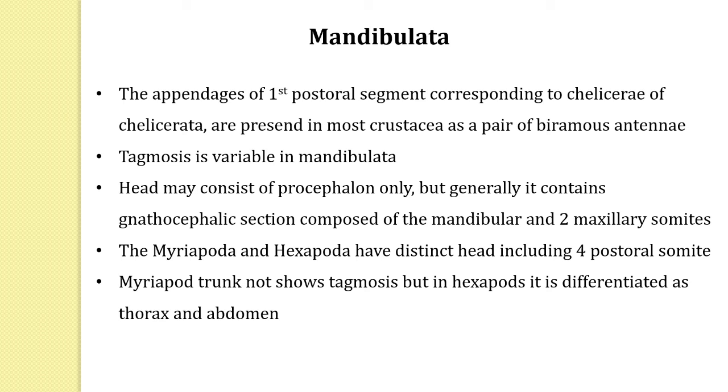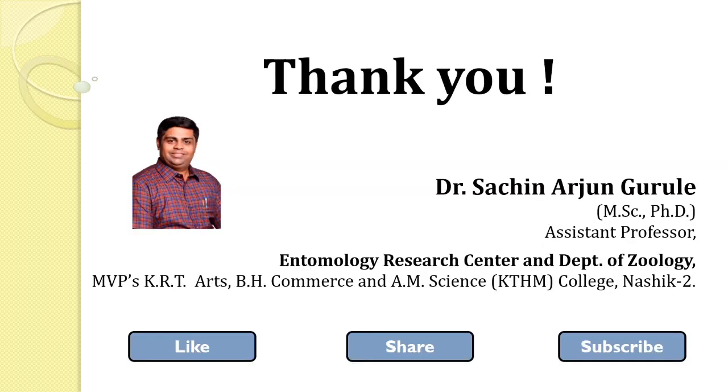From the myriapods the insects are formed, and both the myriapods and the insecta belong to the common stem known as the mandibulata. So this is about the phylogenetic relationship of the different organisms of the arthropoda. Thank you very much.